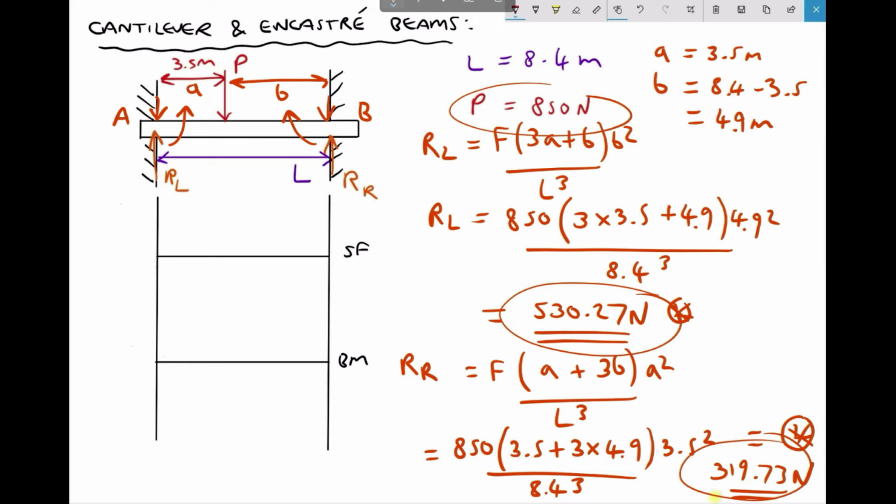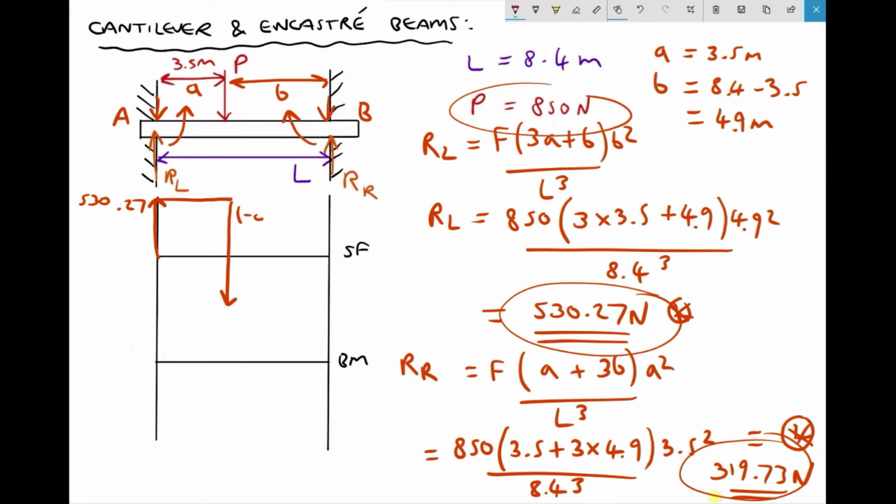Okay, the next step then is to complete our shear force diagram. Now, moving from left to right, we have RL acting upwards, or causing positive shear of 530.27 newtons. So we're going up, 530.27. Our shear force remains constant until we get to the point of application of force P, and force P pushes down 850 newtons.